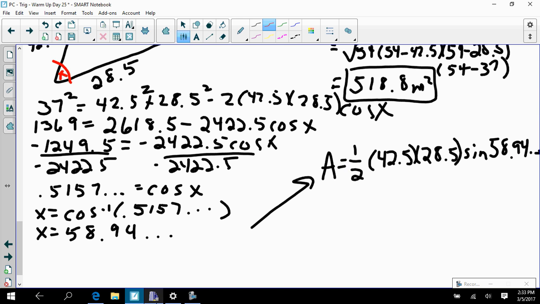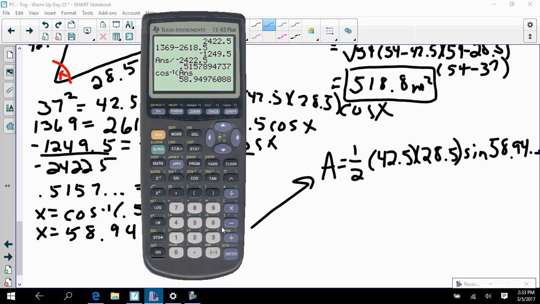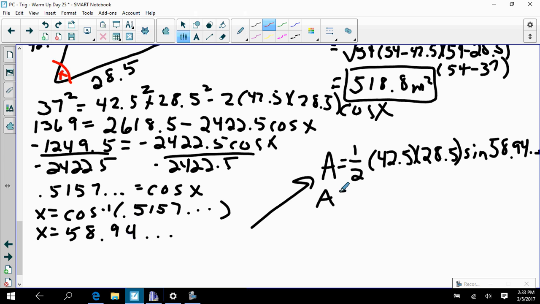I'm not rounding that yet. So 0.5 times 42.5 times 28.5 times sine of my answer from before. What do you know? Same exact answer that Heron's formula gave us. 518.8 meters squared.